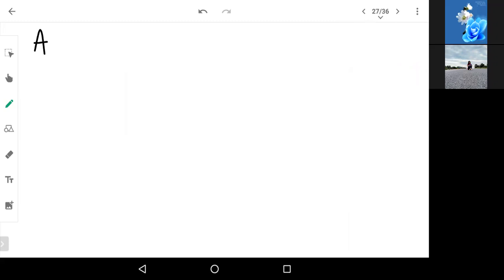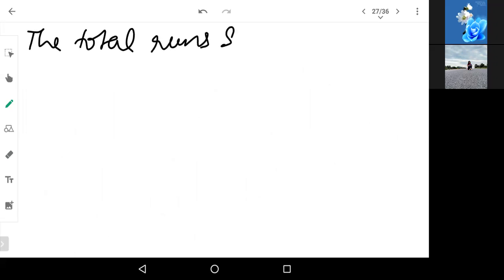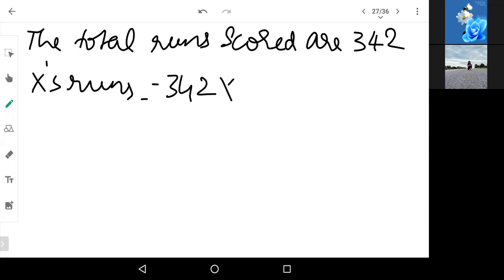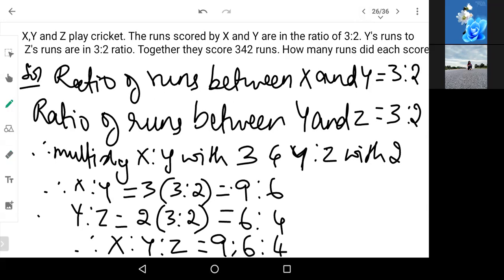Before this, the total runs scored are 342. Okay, the total runs scored are 342. So A's, sorry, that is X, right? X runs is equal to 342 into, the ratio is 9 is to 6 is to 4.